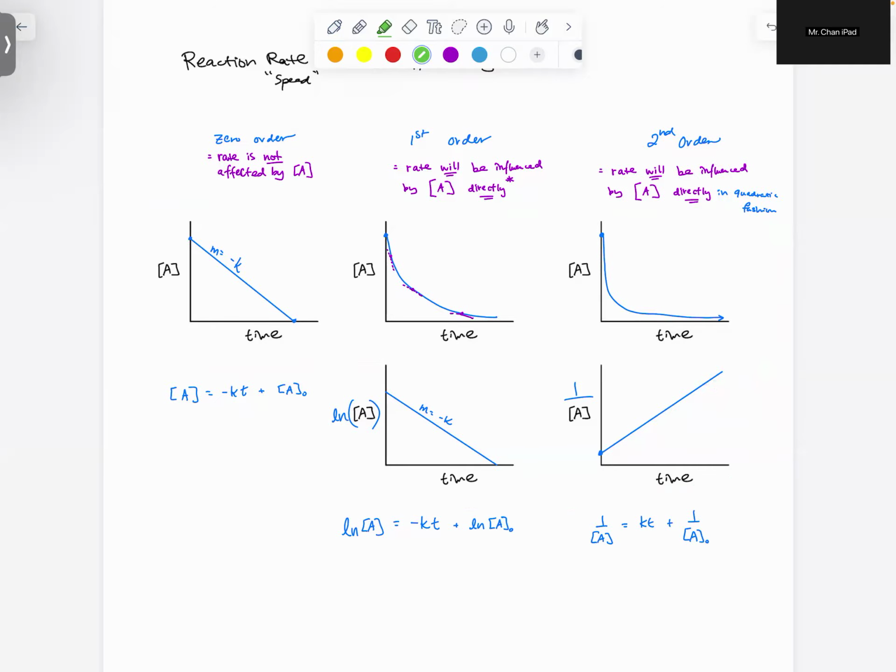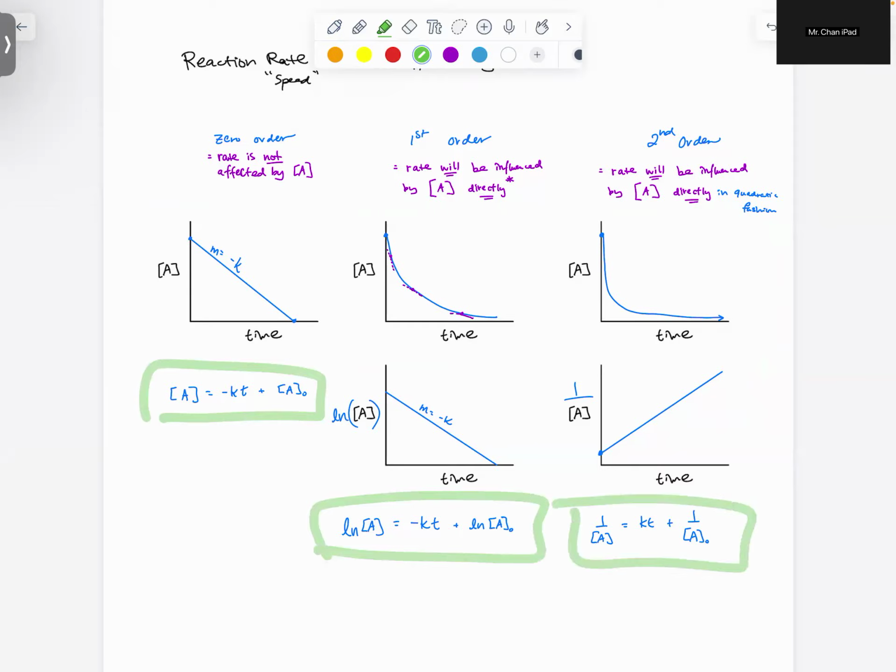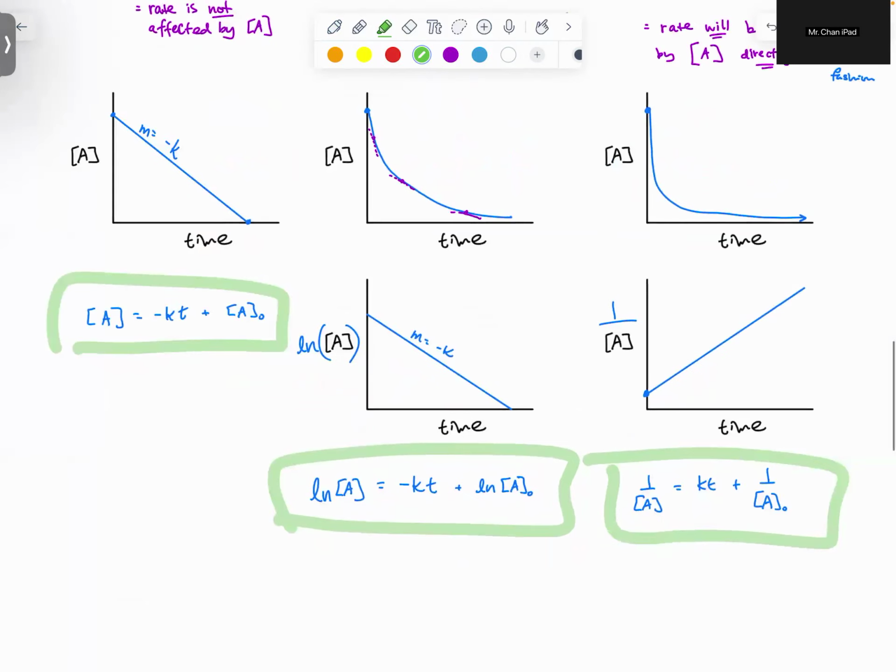When you try to get your equations, you don't have to just force yourself to memorize these 3, because these 3 are just y is equal to mx plus b. And again, I will tell you more about the k in just a moment, but it's just y is equal to mx plus b. If you know how to construct these 3 linear graphs with the axes labeled, there is no doubt you will get these 3 equations.